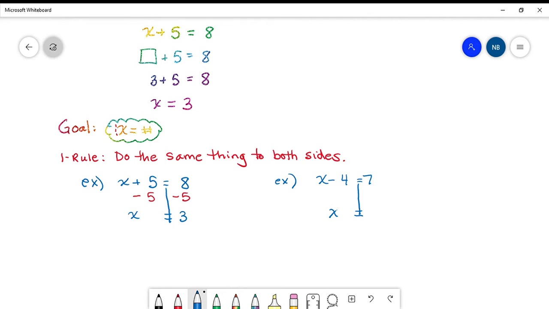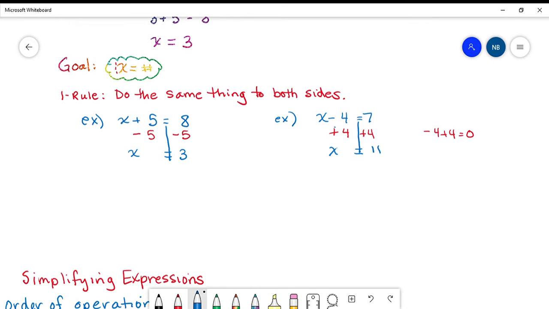Now we have a minus 4, so if we add 4 to it, negative 4 plus 4 is 0. So essentially, the 4 completely disappears from the left-hand side. Well, the one rule says that I'm allowed to do this as long as I do the same thing to both sides. 7 plus 4 is 11, and we have found the solution of that equation. x equals 11.